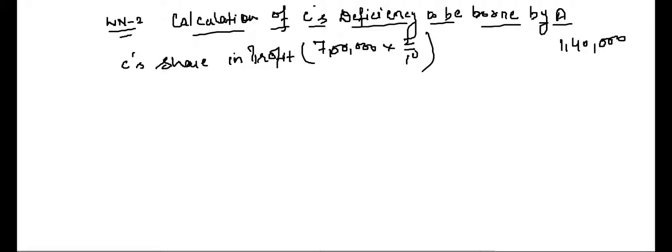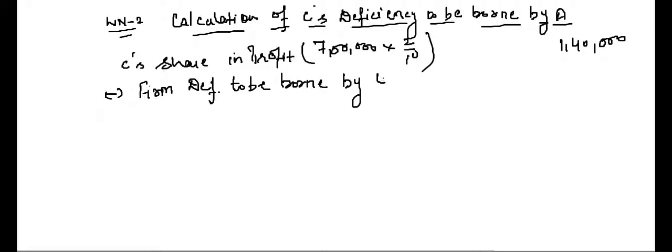Now, C has something to pay to D because we have a firm guarantee to D. In the firm guarantee, C is also liable to pay his share of profit to D. Less firm deficiency to be borne by C. How much is it? 40,000. So what are the profits? 1 lakh.